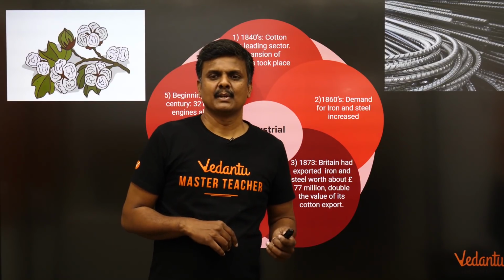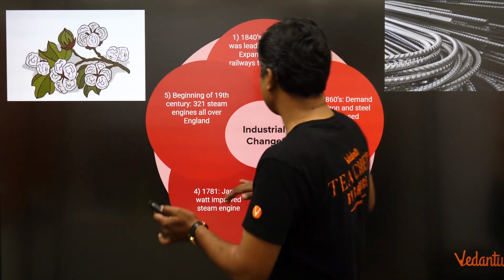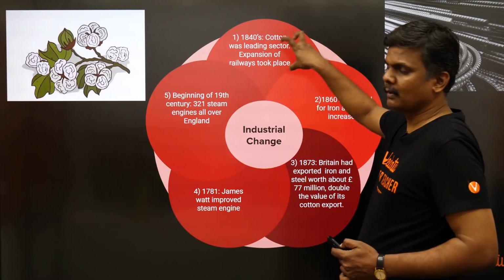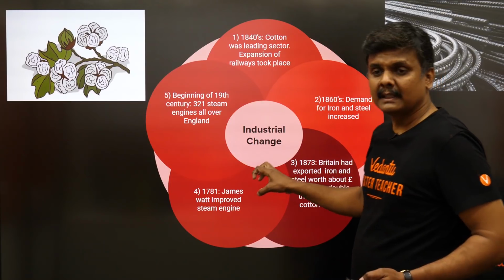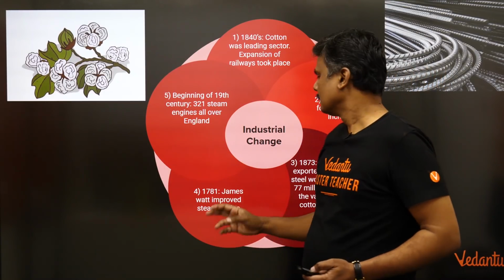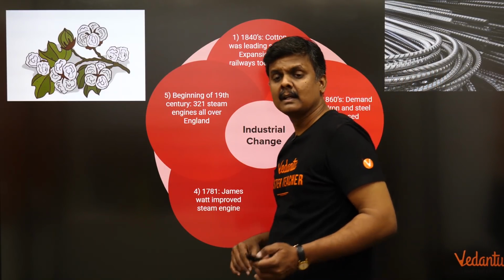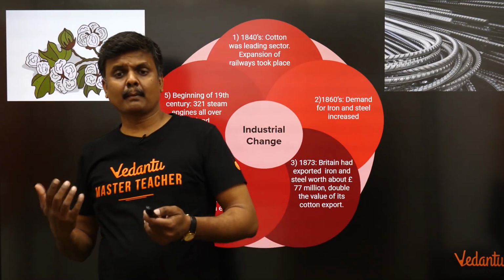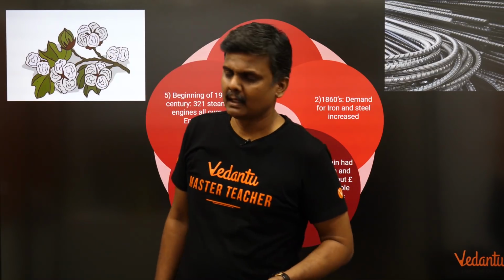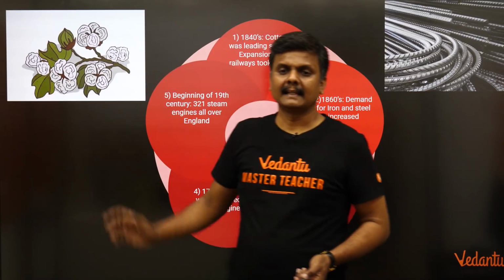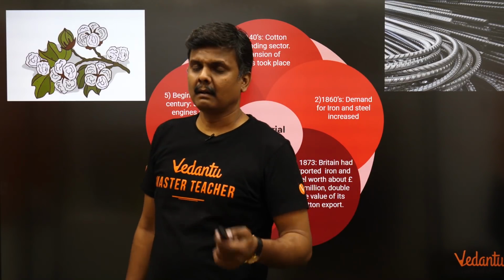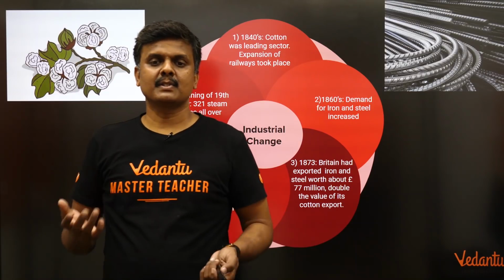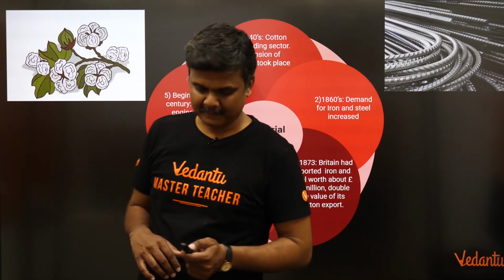See how the industrial changes happened. Initially, cotton was the leading sector, then iron and steel demand came, and then demand for transport came. Railways came into the picture. James Watt came out with the improved version of the steam engine, and in the 19th century more than 300 steam engines were spread throughout England.